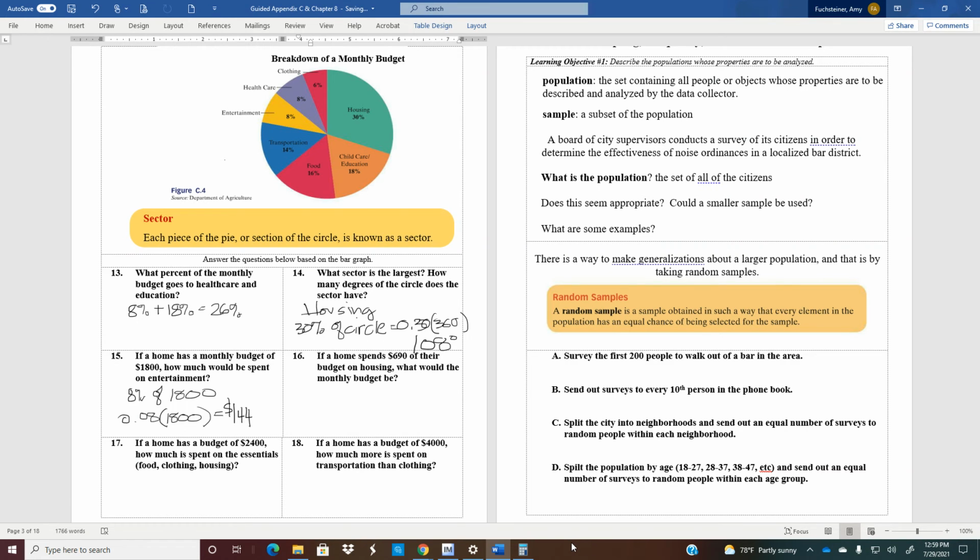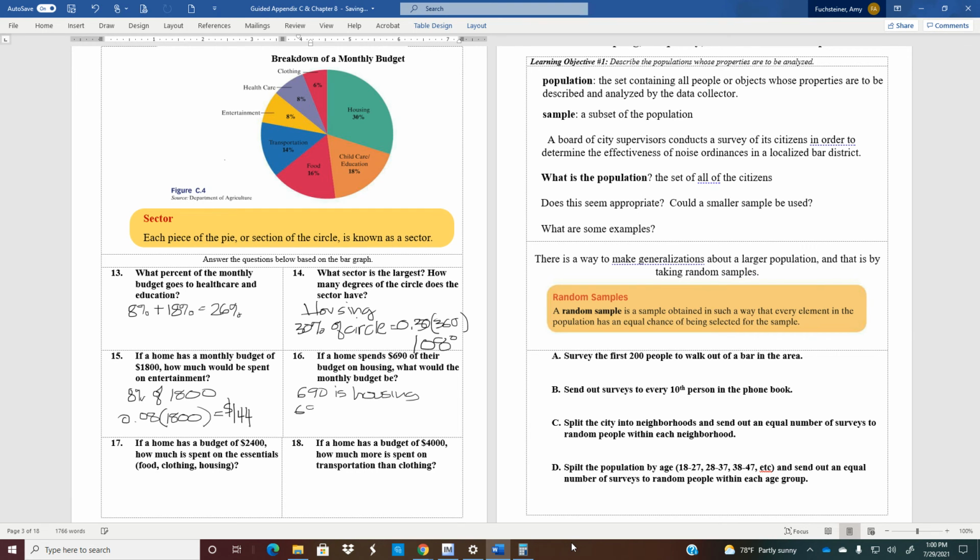Okay, what about number 16? Here's where we use some of the percents that we did before. If a home spends $690 of their budget on housing, what should their monthly budget be? So I don't know the monthly budget. The 1,800 from 15 is gone. We're not using that. We're starting with a clean slate. They spend $690 on their housing. And we know that housing is 30%.